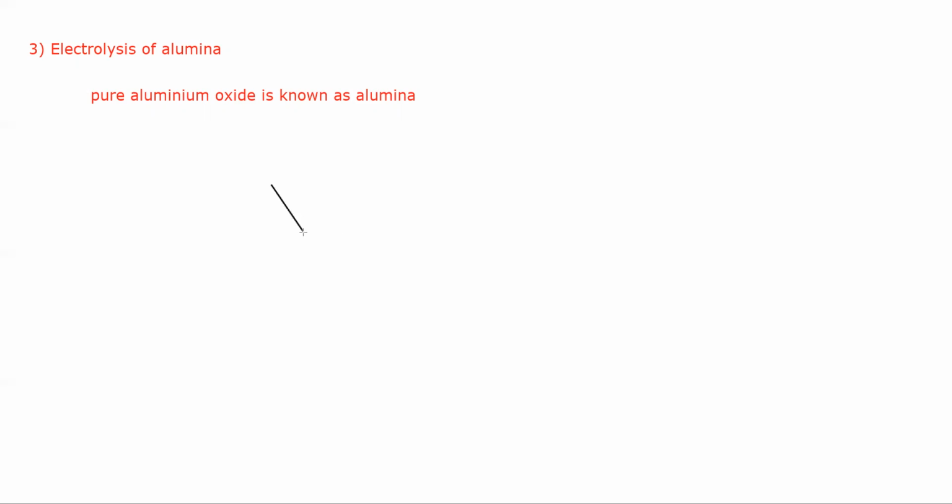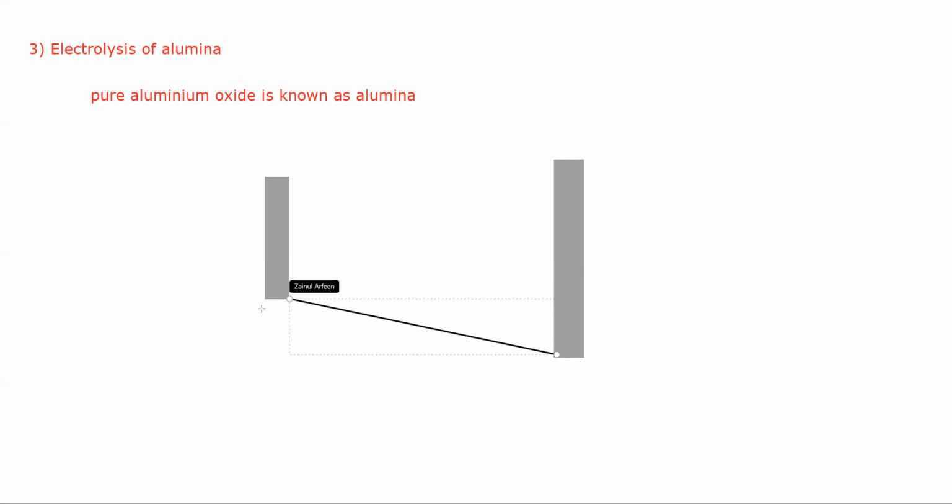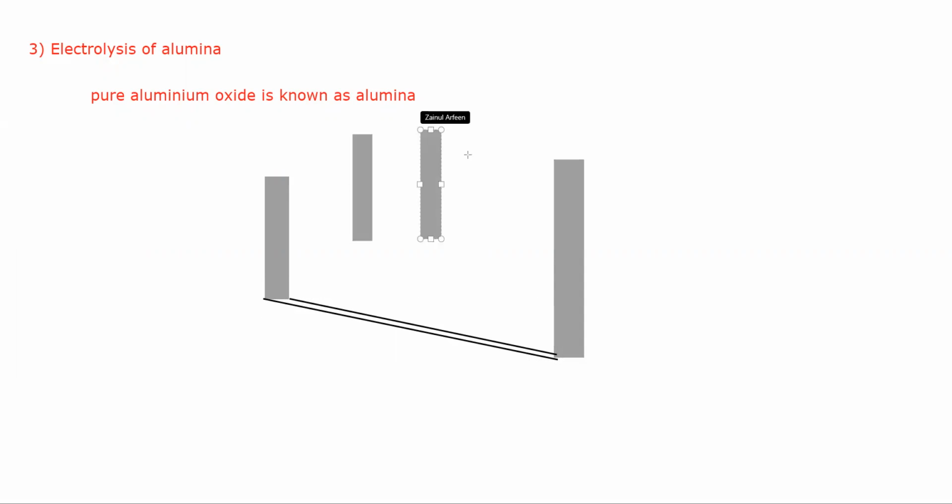So first, in this electrolytic cell, the walls and the base of this electrolytic cell are made up of graphite, and there are rods which are dipped in the electrolyte. They are also made up of graphite.